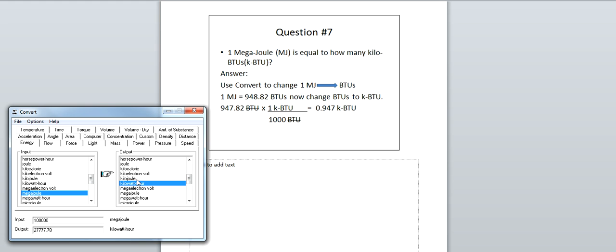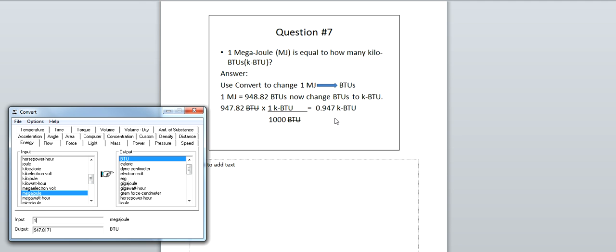So kilo BTUs on this side, we could change to BTUs and then change that number to kilo. So 1 megajoule, we have to change this and convert to 1, is equal to 947 BTUs. And then that simply gets converted to kilo BTUs.